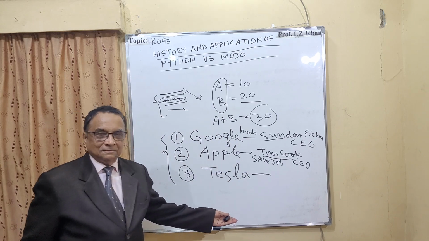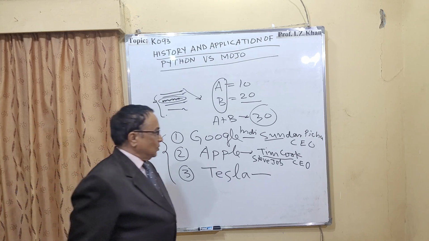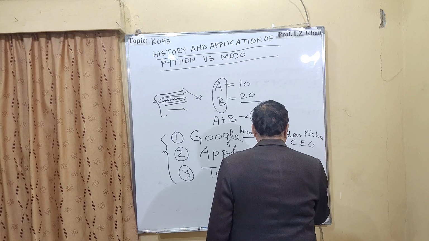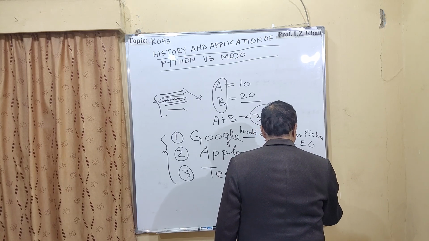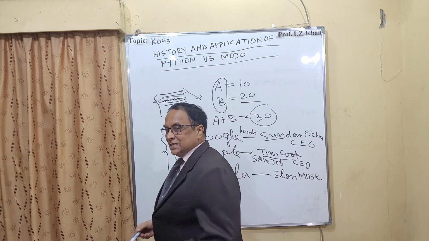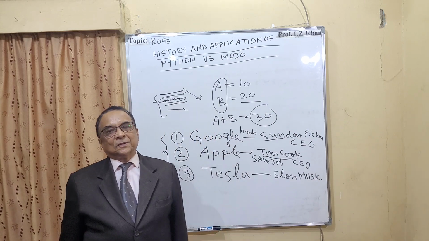And Tesla, everybody should know, the owner is Elon Musk, the richest man, in this Tesla company. His worth is more than $150 billion.